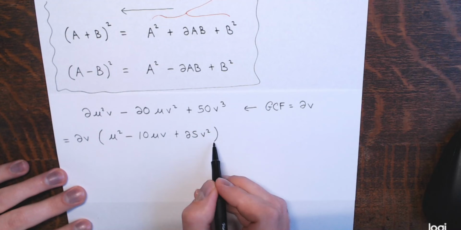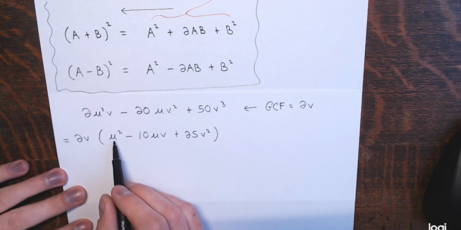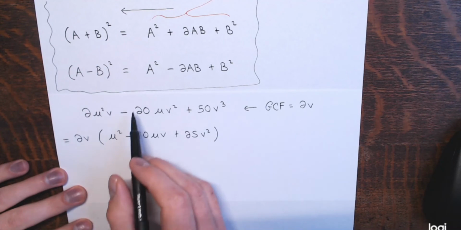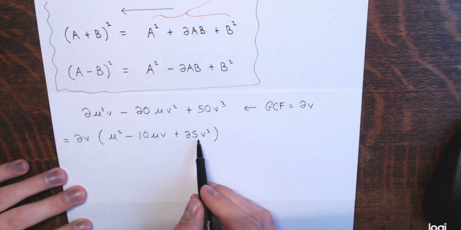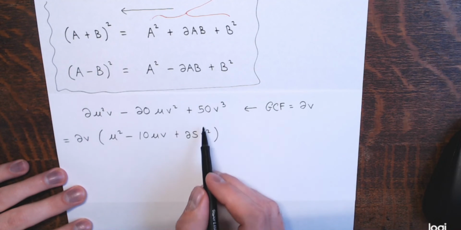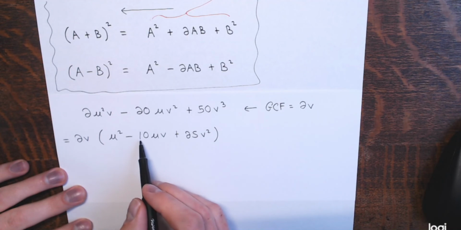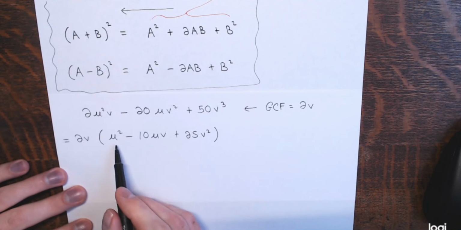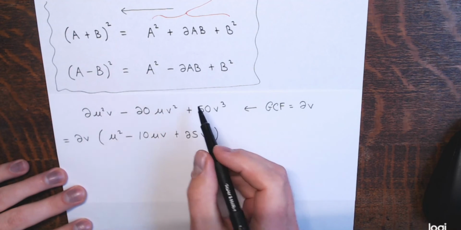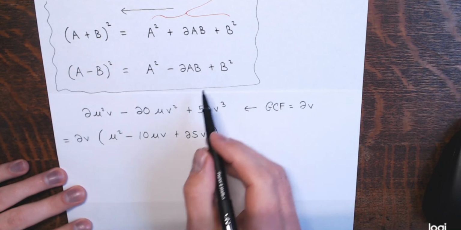Alright, and I'm hoping you can see that u squared is u squared, so a is u. 25v squared is actually 5v to the second, so b is 5v, and then the middle term is minus 2 times u times 5v, right? That'd be minus 10uv. So this is one of them perfect square trinomials where capital A is u and capital B is 5v.